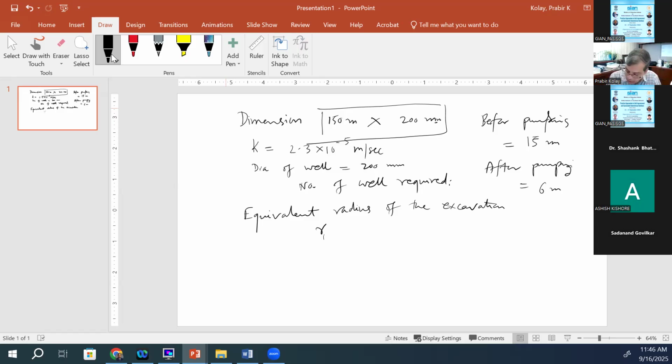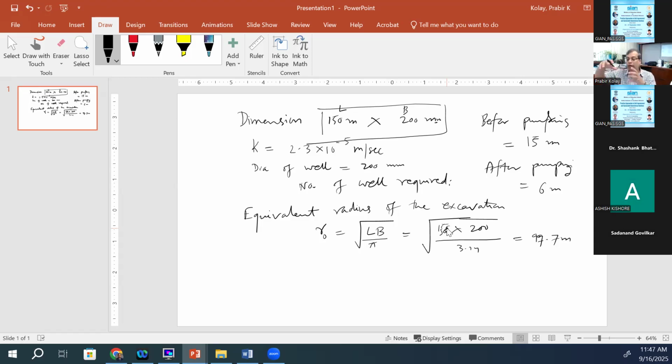R0 is the square root of length times width divided by pi. So 150 times 200 divided by pi, which is 3.14. Easily you can calculate that this is 97.7 meter. Okay? That one you can calculate.